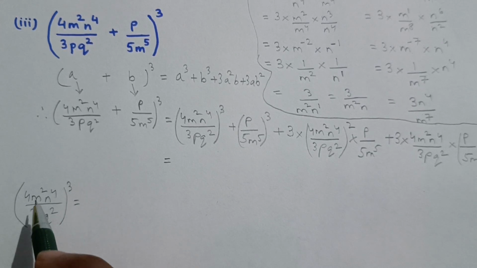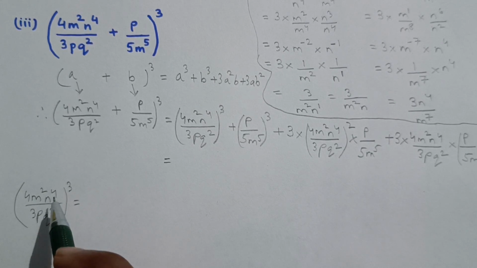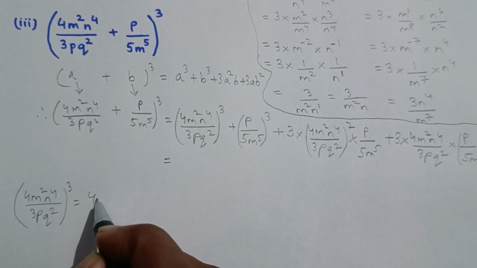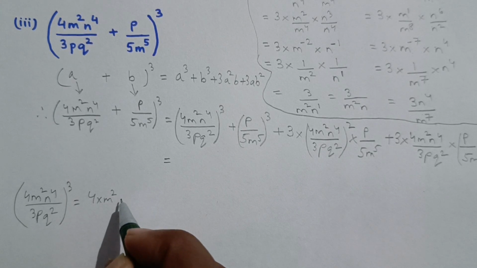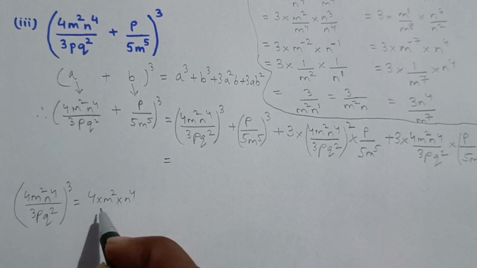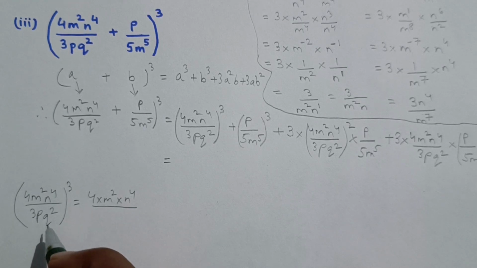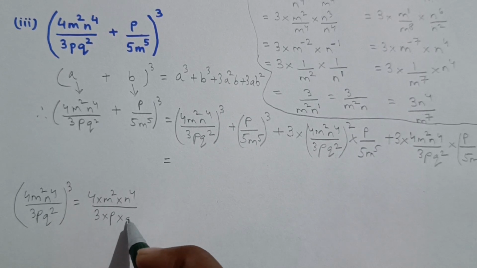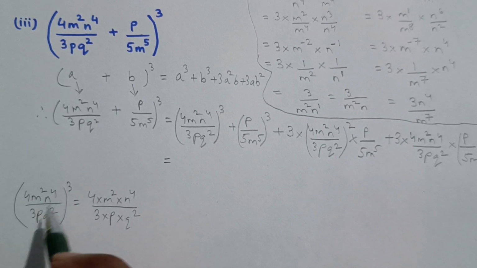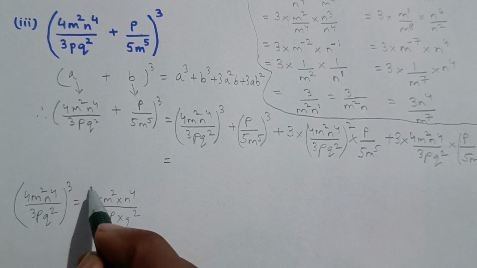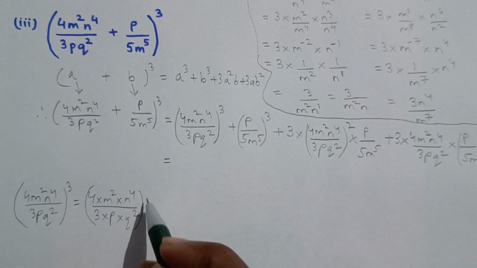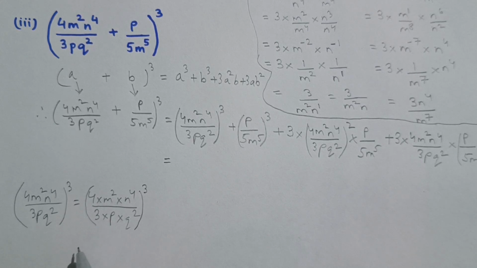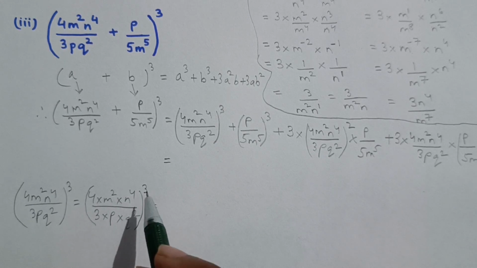So that will be 4m square n to the power 4, this means 4 into m square into n to the power 4 upon 3pq square, so this means 3 into p into q square, and this expression is cubed. So this is now 4 into m square into n to the power 4 upon 3 into p into q square whole cube.